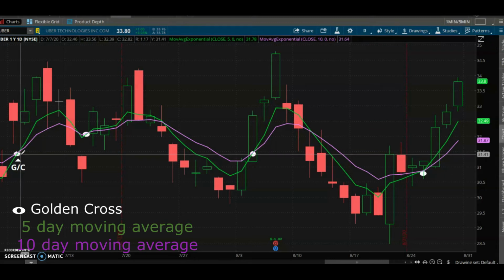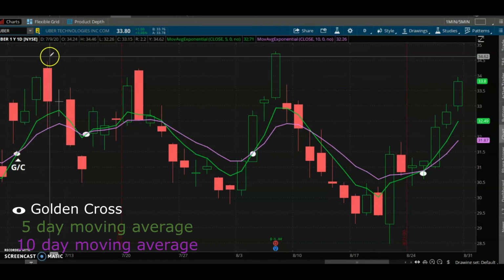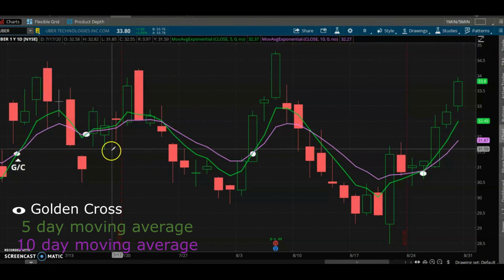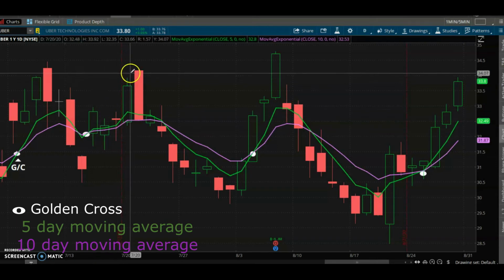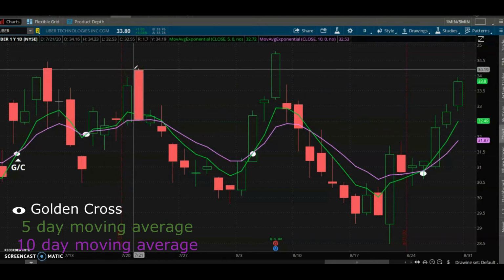And if you look at price action after each of these golden crosses, you'll see that price action moved upwards. Here's another golden cross where the green crosses over the purple. Again, price action moved from this level all the way up to here.